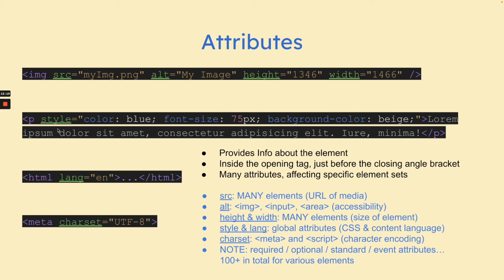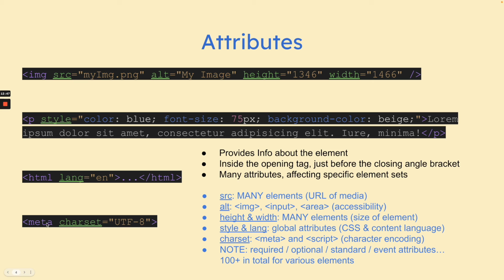And language is the same thing. We can define the content language. So in the HTML, we define the content of that HTML as English, but we can put that language attribute on any element, and it will define the content language for that element.